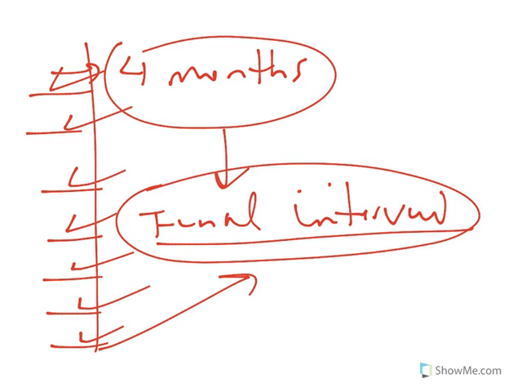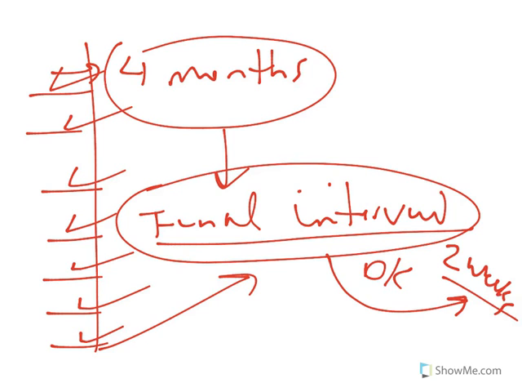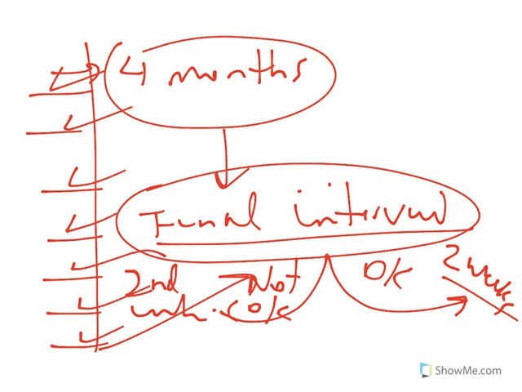And if all goes well, then at the end of the interview, the officer will tell you that everything's good, and the green card will be mailed within 2 weeks to the home of the residents. If the interview is not okay, then a second interview will be scheduled to determine the validity of the marriage.